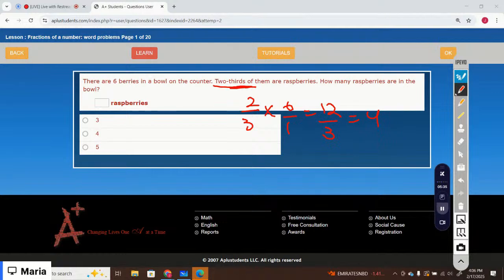So that is 4. The correct option is option number 2.